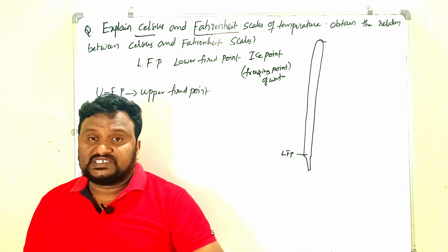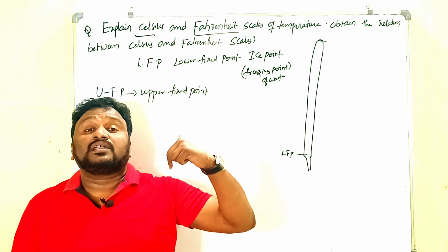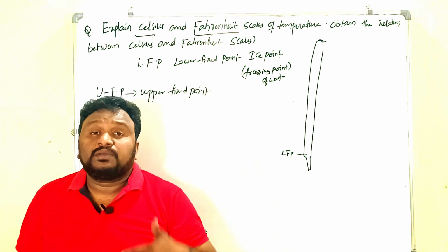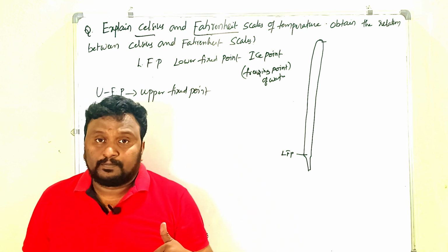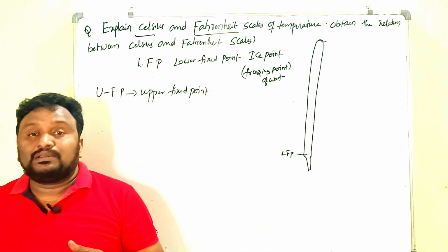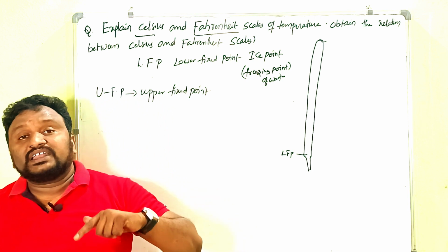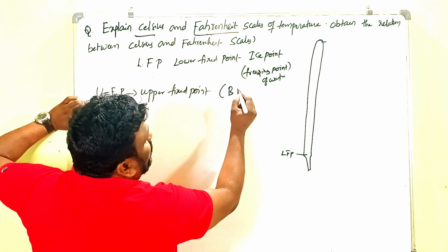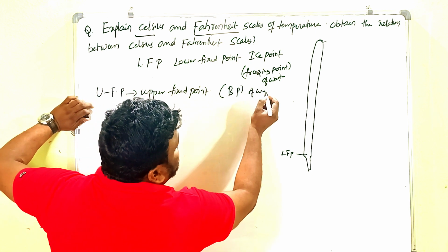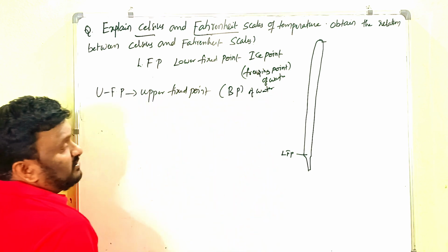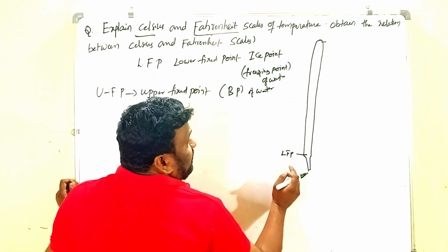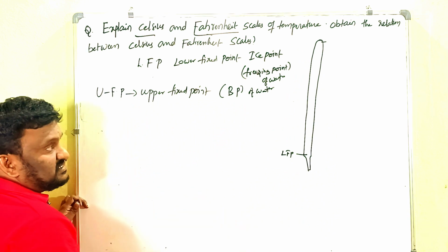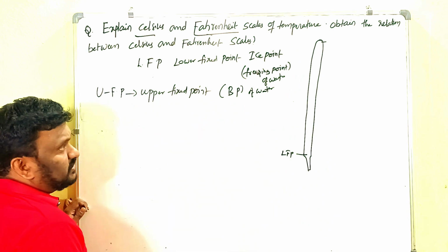The upper fixed point is the temperature at which the liquid is converted into vapor, especially water. That is simply the boiling point. The boiling point of water is taken as the upper fixed point, and the length between these 2 points is calibrated into a number of equal parts.